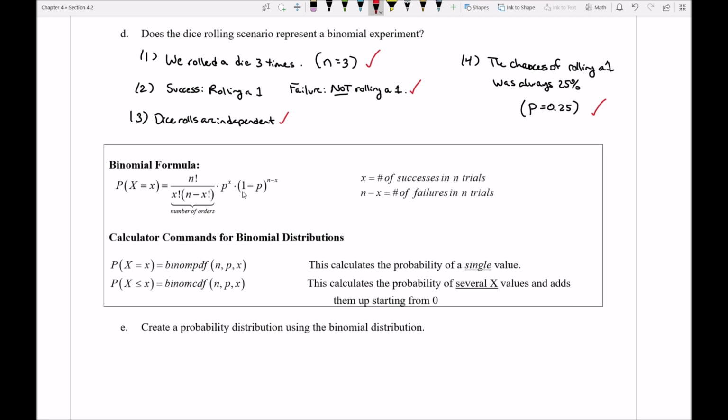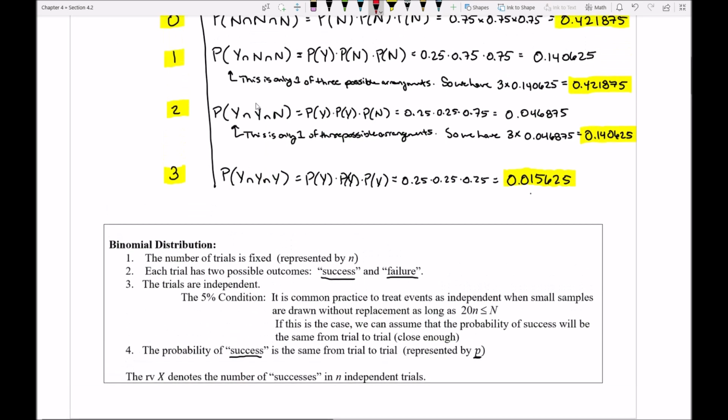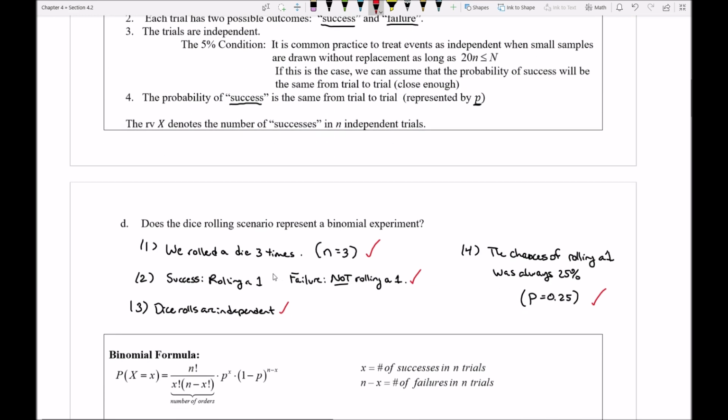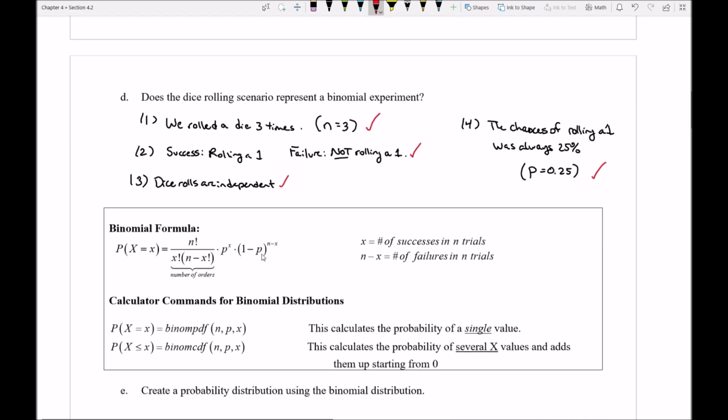This p in here represents, again, the chances of rolling a 1, and we're going to need to roll a 1 a certain number of times when we calculate probabilities in our table. Like up here, in certain scenarios we had a different number of 1s each time, which corresponded to a different number of 25%s in the multiplications. We're also going to have a 1 minus p, the chances that I don't roll a 1, and those are going to have to occur a certain number of times.